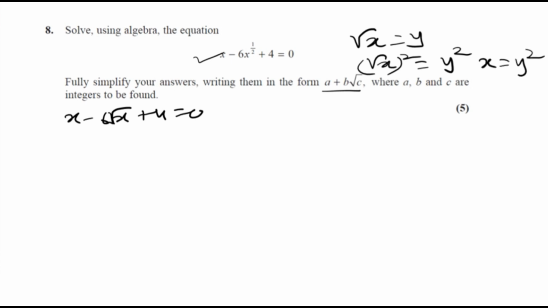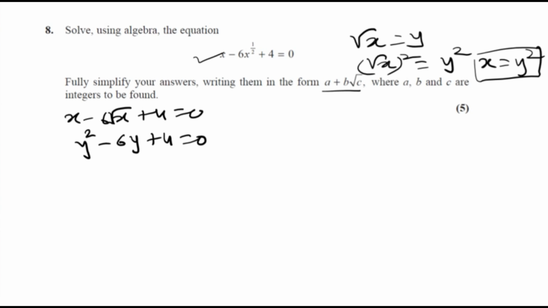So I will substitute y squared for x and y for root x. So y squared minus 6y plus 4 equal to 0. This is the easiest way to do it. So this is now my normal quadratic equation. Now I have to factorize it. So as you can see here, 4 is a smaller number than 6.